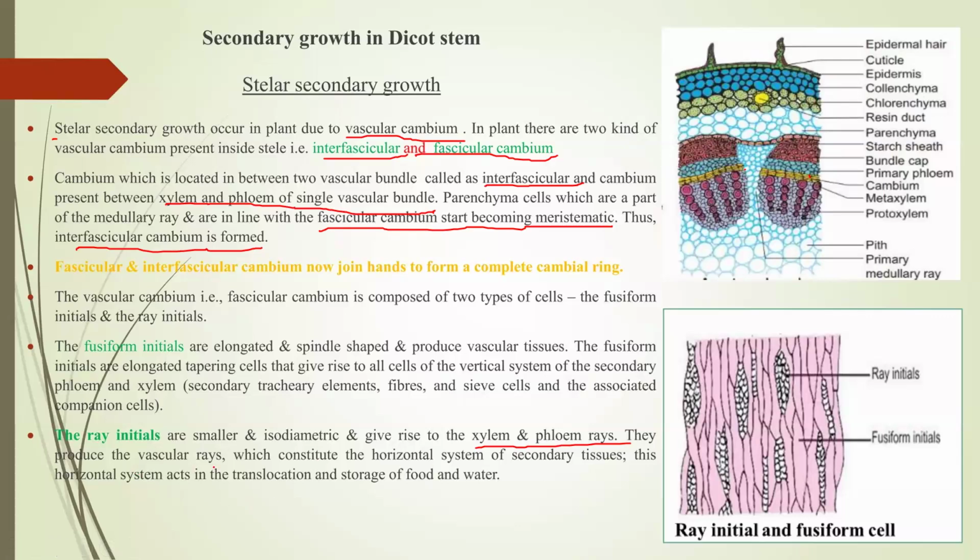They produce the vascular rays, which constitute the horizontal system of the secondary tissue. This horizontal system is mainly involved in the translocation and storage of food and water.